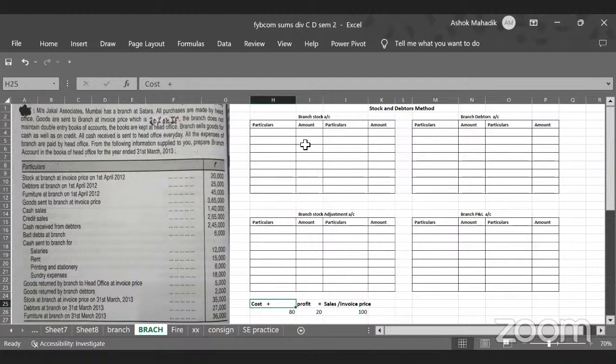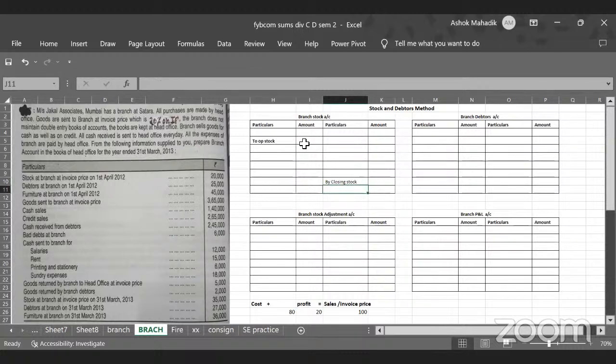In debtors account, you will record all the transactions relating to debtors. In branch stock account, you will record all the transactions relating to stock. So you may have opening stock on the debit side and closing stock on the credit side. This is the usual entry for closing stock.